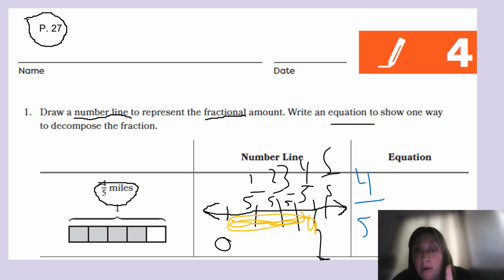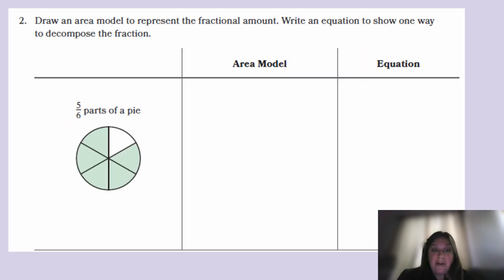You might have done 1/5 plus 1/5 plus 1/5 plus 1/5. You could have done 1/5 plus 3/5. You could have done 2/5 plus 2/5. And if you did 3/5 plus 1/5, that's the same as 1/5 plus 3/5. Nice job.